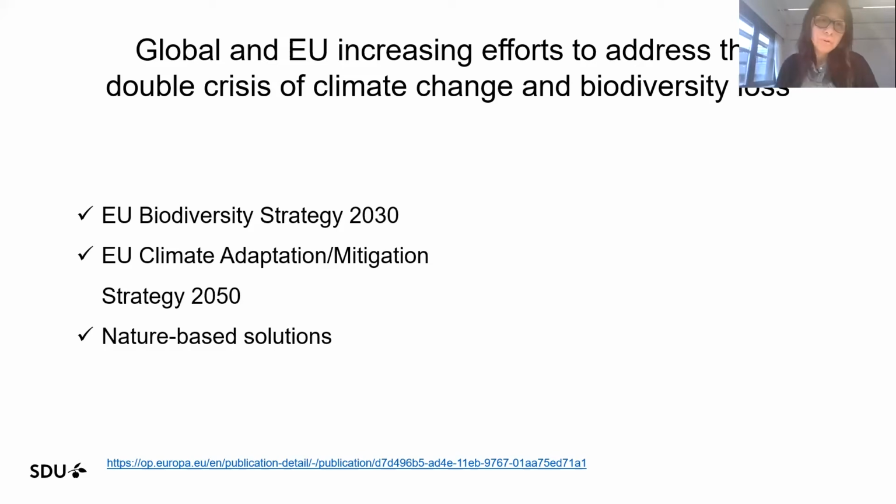And especially in Europe, probably most of you know that we have the EU biodiversity strategy of 2030. We have to increase biodiversity by 30%. And also the EU climate adaptation and mitigation strategy from 2050, where in Denmark we have to reduce our CO2 emissions by 70%, very ambitious.